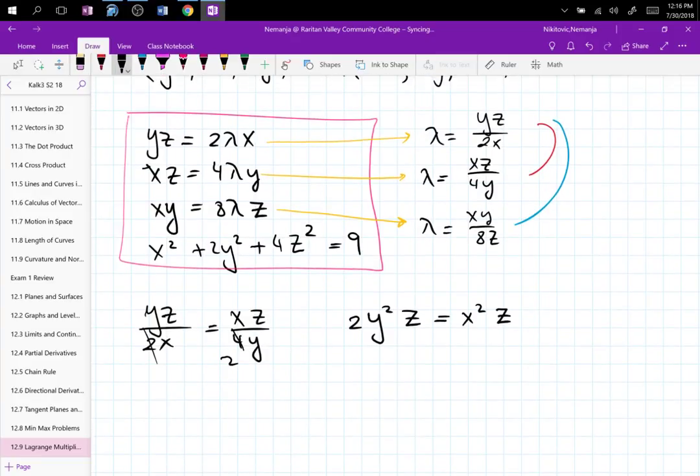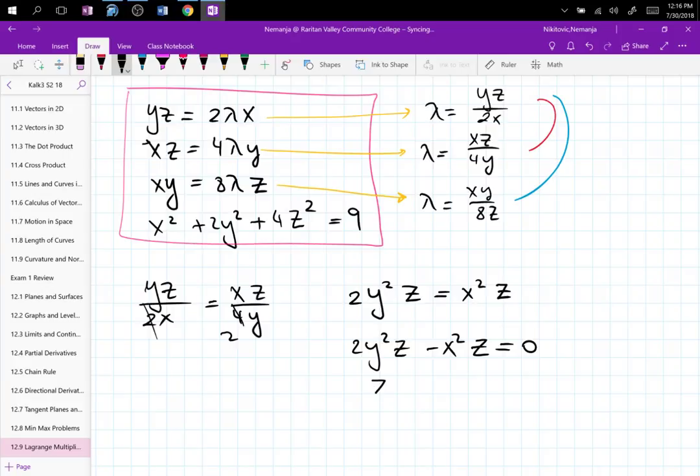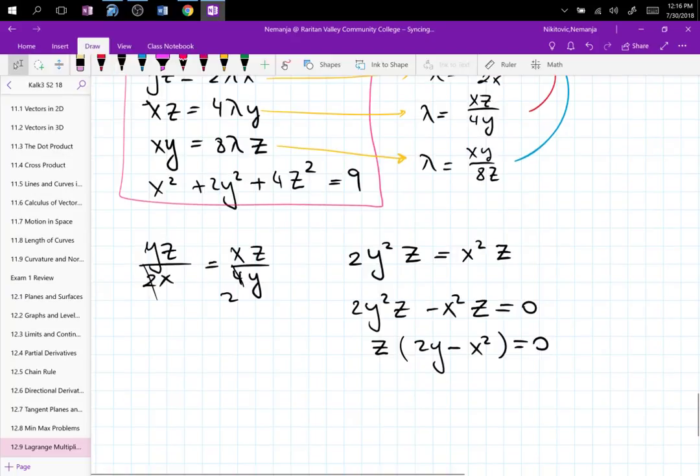And now remember the trick. You move everything to the same side and you factor what you can. So 2y squared z minus x squared z equals 0. And you factor out z, and you get z times 2y squared minus x squared equal to 0.